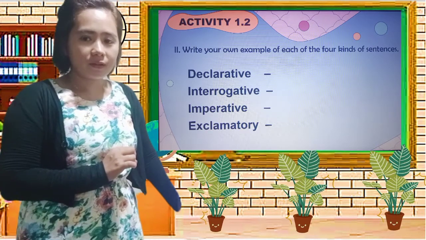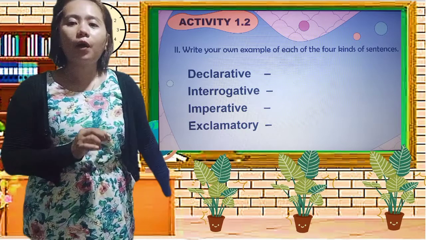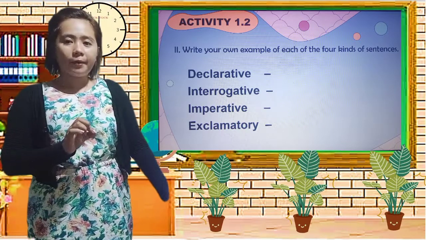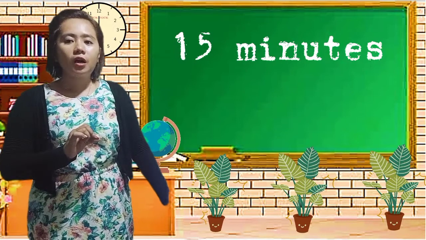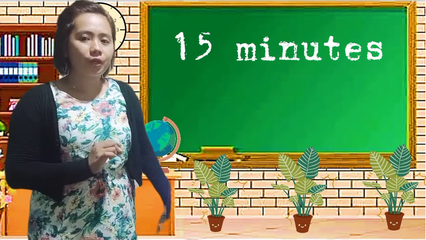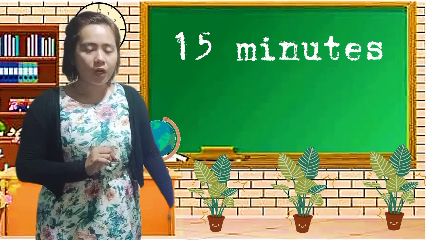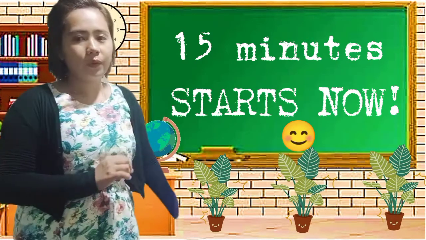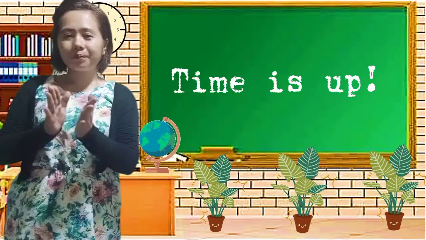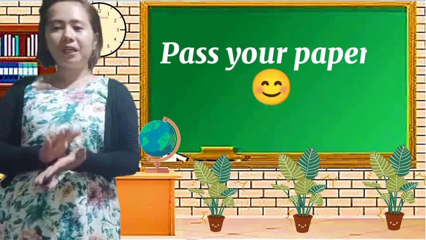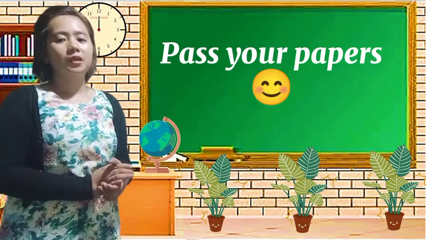Are you done? Okay, so I will give you again 15 minutes to answer this activity. Okay, you may start now. Okay, time is up. Everybody, please pass your paper.